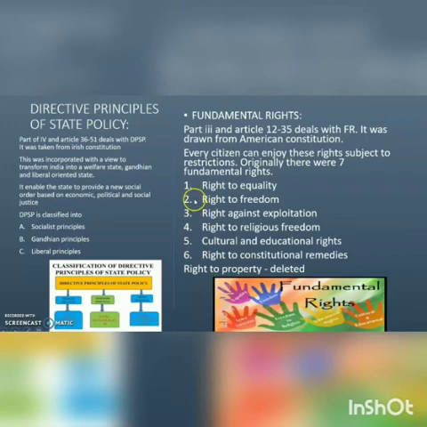These are the 6 rights we enjoy: right to equality, right to freedom, right against exploitation, right to religious freedom, cultural and educational rights, and right to constitutional remedies. You have to follow this order only. And which right is deleted? The right to property is deleted. Now at present we have only 6 fundamental rights.